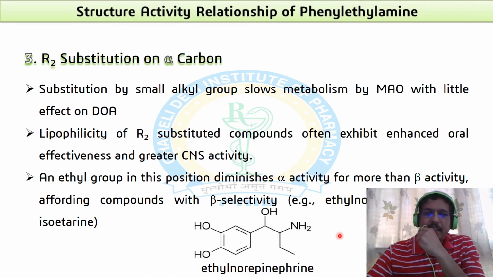For example, the structure of ethylnorepinephrine has somewhat more beta selectivity as compared to norepinephrine or methylnorepinephrine.